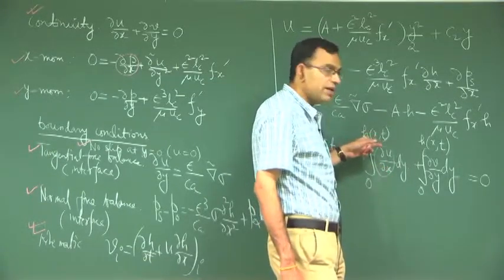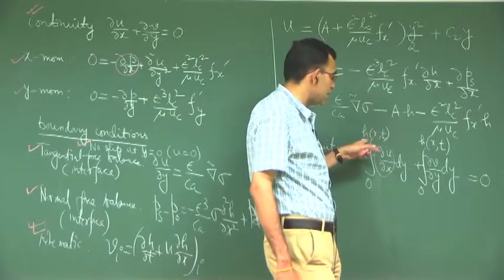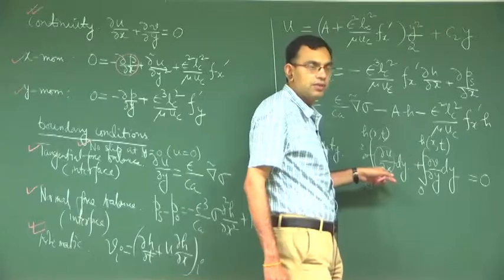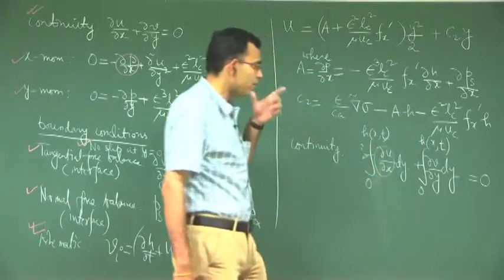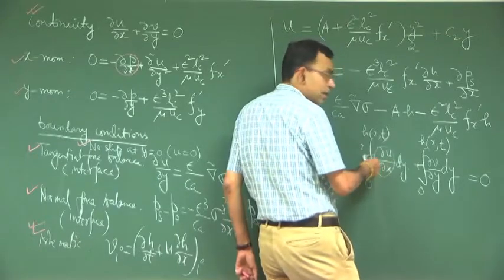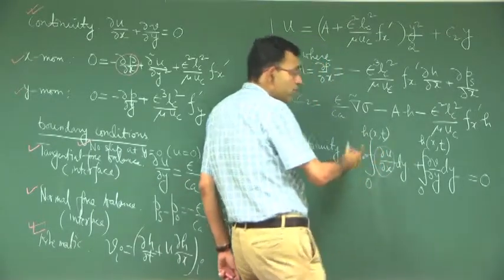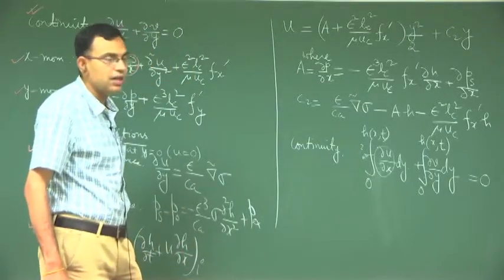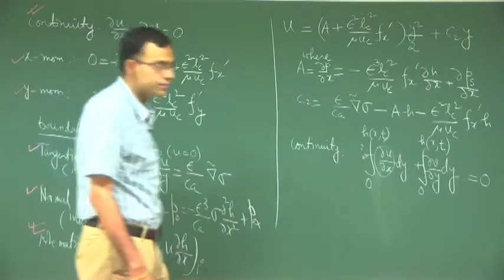So, this h is not an ordinary constant; it is a parameter which itself depends on the independent variable. Therefore, you cannot just bring this out and in, and you have to use the rule of differentiation under the integral sign, or the Leibniz rule.